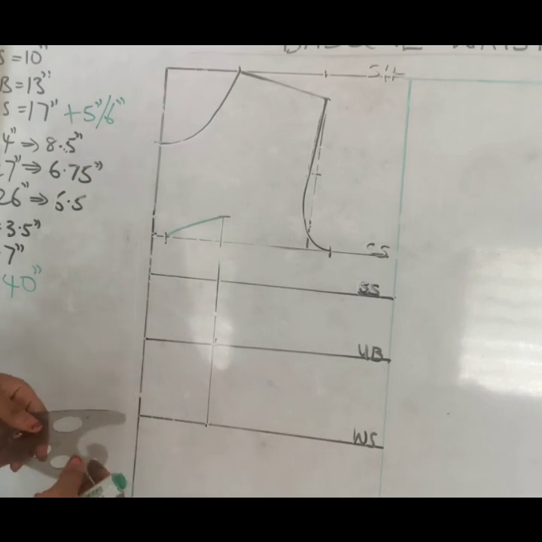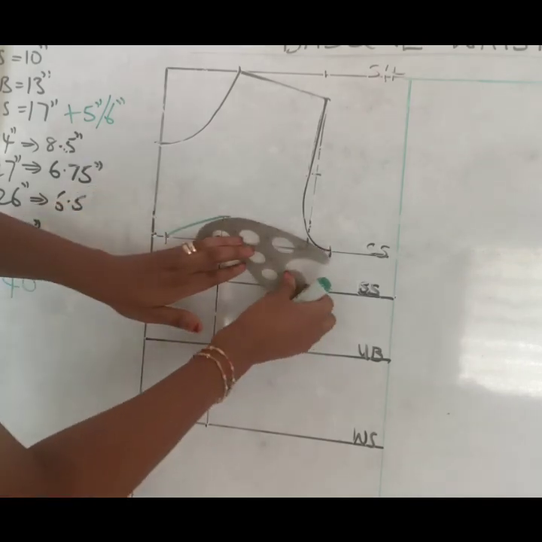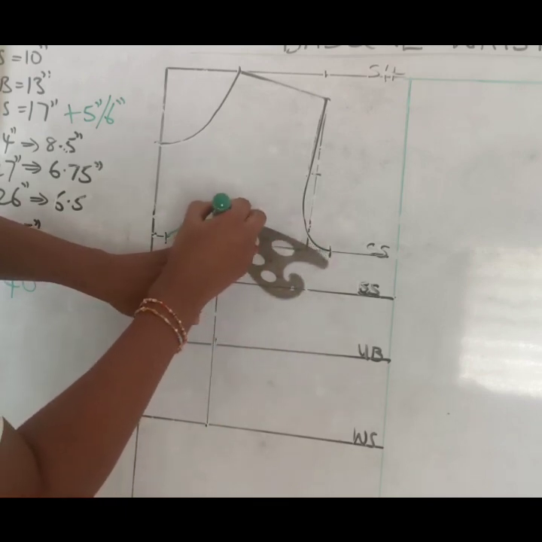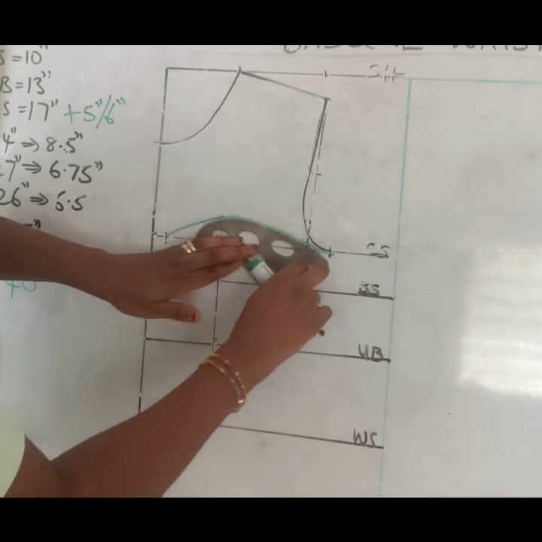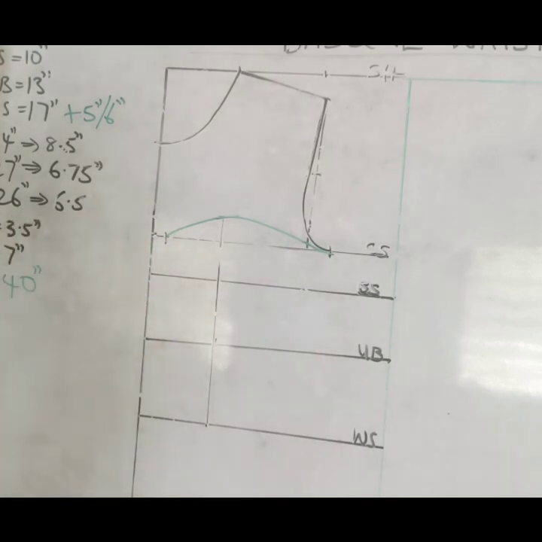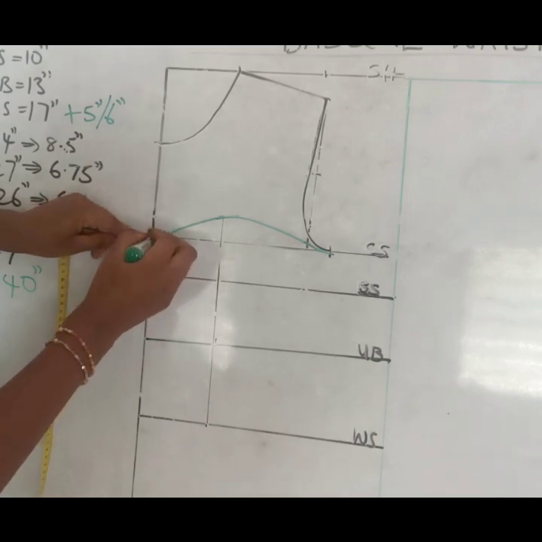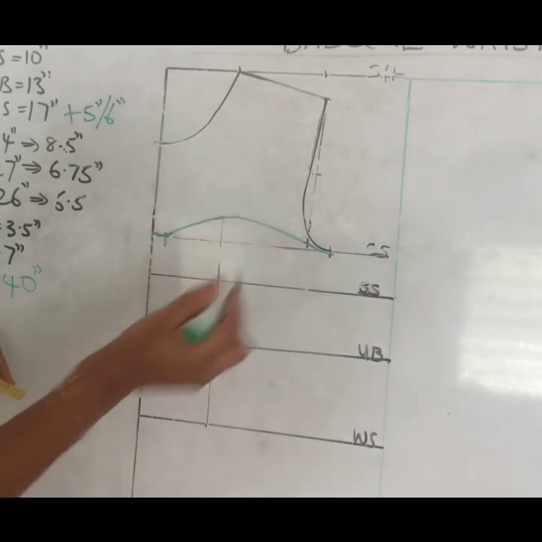Like so. They will also connect this to this side. The space, which is the bust separation, should be 1/2 inch, which is here.